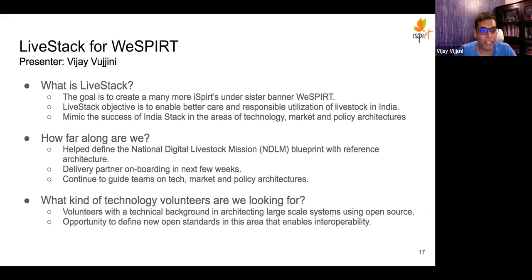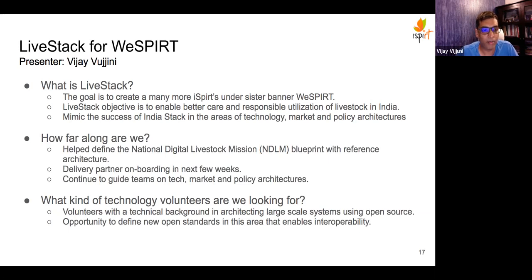Considering the voluntary nature of our work, we didn't want to spread too thin, and so we are trying to bring the equivalent of an iSPIRT to the Livestock infrastructure as an organizational entity, so that it can, as an institution, survive in coming decades and make an impact in the totally different sectors that we would like India to prosper in. So in that context, Livestock is basically to work with NDDB as an organization and bring these best practices and make a digital impact in the animal husbandry and agricultural sectors as such.